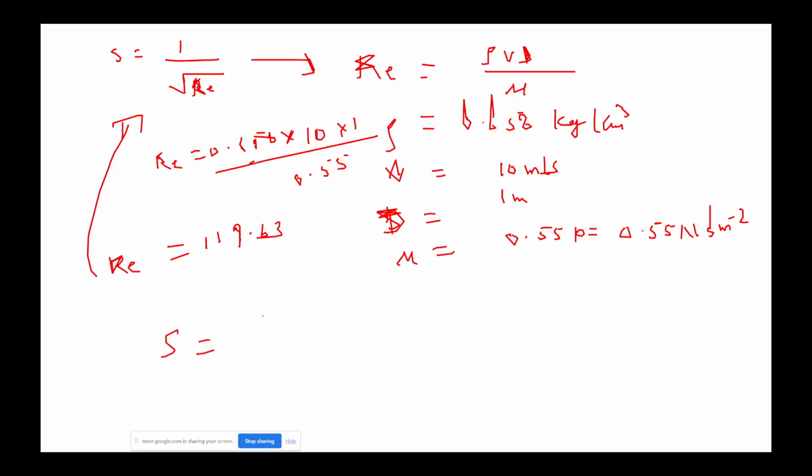So here S equals 1 upon, sorry, since it is given 2 in the question, 1 upon 119.63. So how much will it come?